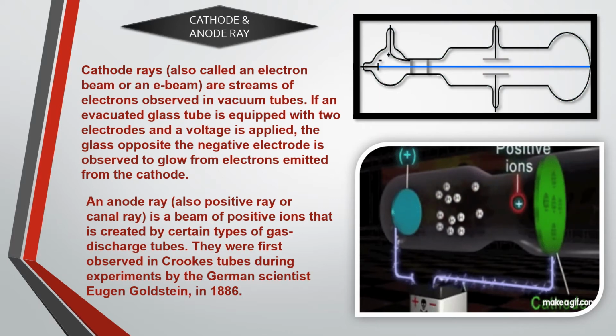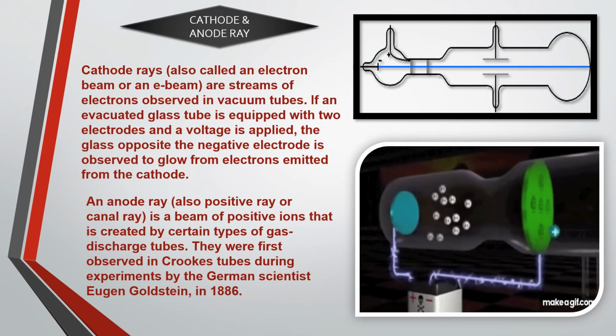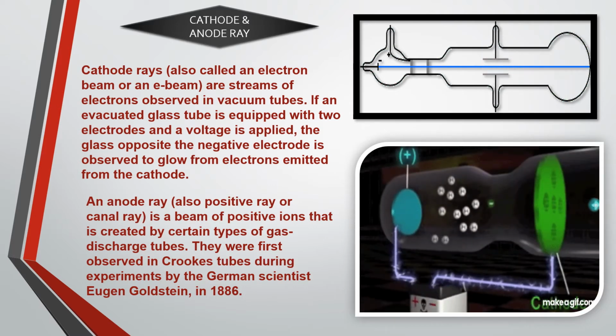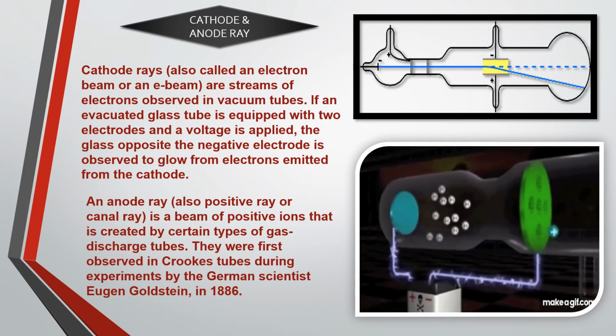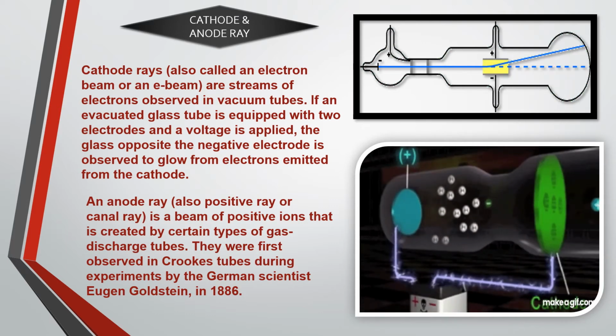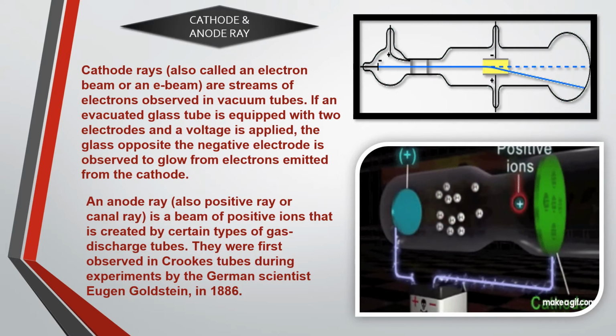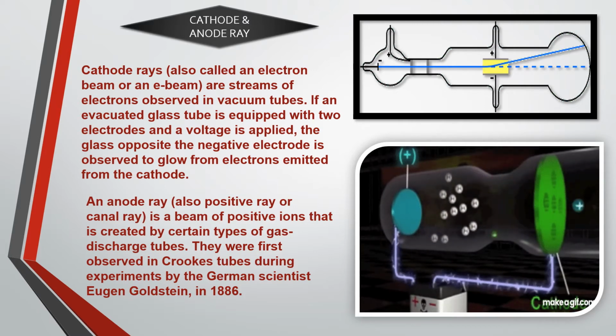You can see. So an anode ray, also called positive ray or canal ray, is a beam of positive ions that is created by certain types of gas discharge tubes. They were first observed in Crookes tubes during experiments by the German scientist Eugen Goldstein in 1886.